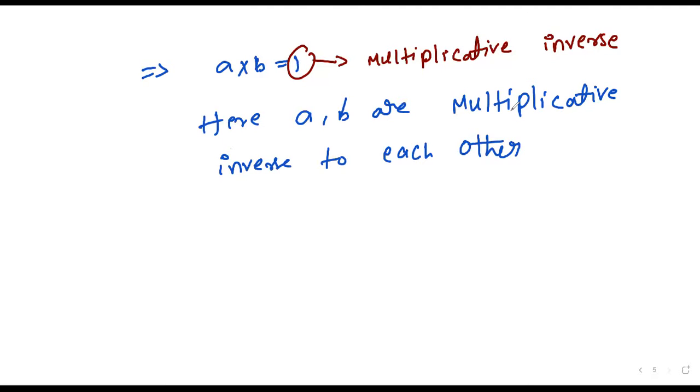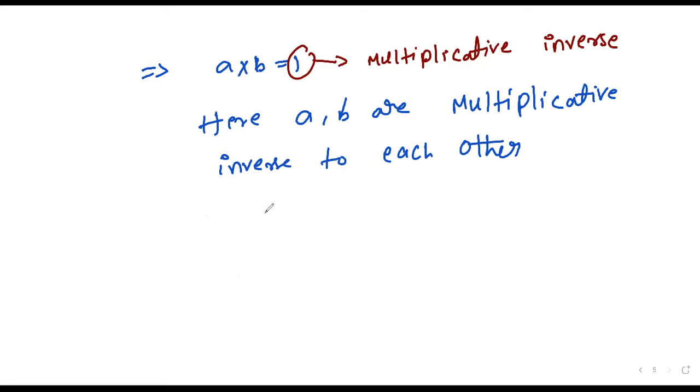See, Nana, what is the multiplicative inverse of A? Nothing but A is equal to 1 by B, right? Isn't it? Did you get that? Yeah, we shall see some examples.